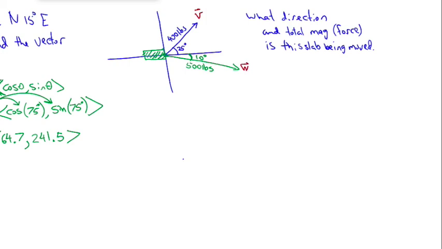Okay. So what can I say about vector V? Is there a way of finding it? Yeah, the same way we did over there. What's the magnitude? 400. 400 times the vector cosine of theta, sine of theta. Well, what's theta in this case? 25 degrees.